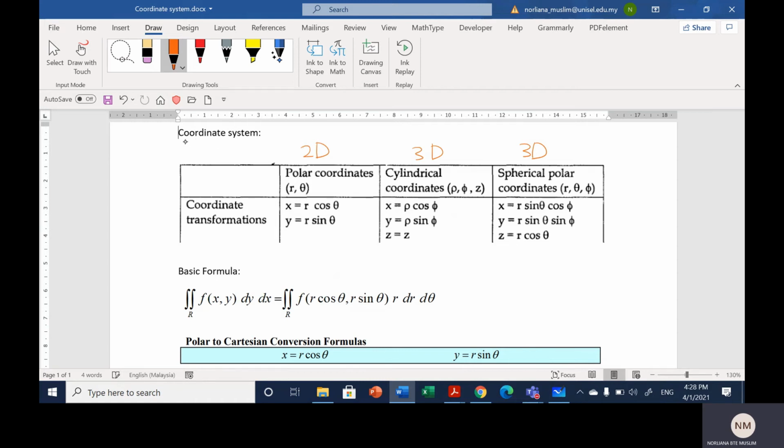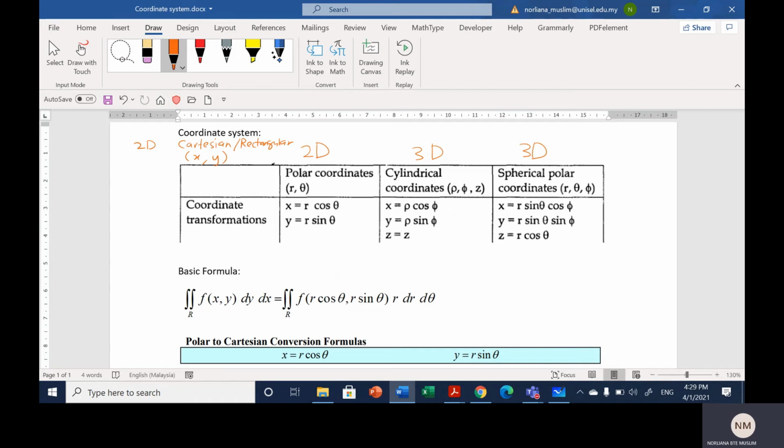There's another 2D; we call it Cartesian, or the second name, rectangular. Rectangular is 2D, so the form will be XY. This is the basic form that I believe you are familiar with, the XY coordinates, right? In the coordinate system, it is called Cartesian or rectangular coordinate system.